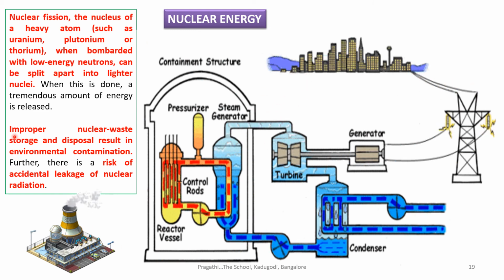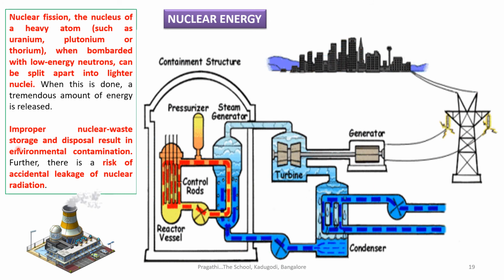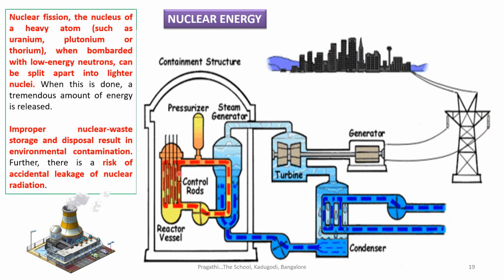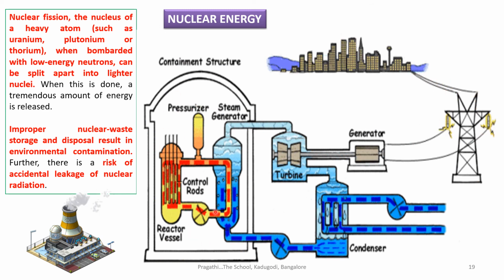One more important thing we need to note is that improper nuclear waste storage and disposal result in environmental contamination. See the control rods, since this is a nuclear fission process, a lot of emissions and radiations will happen, and it will contaminate all the parts which have been used. Once the parts have been used and there is no use of those parts, we cannot just throw them on the earth's surface.